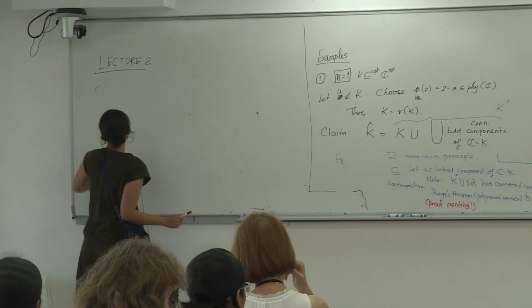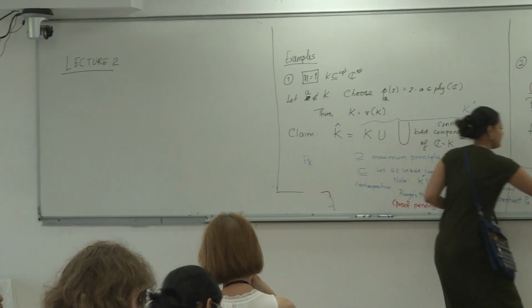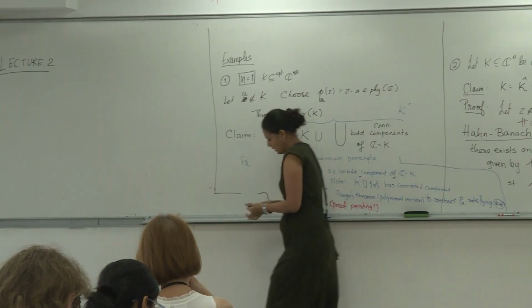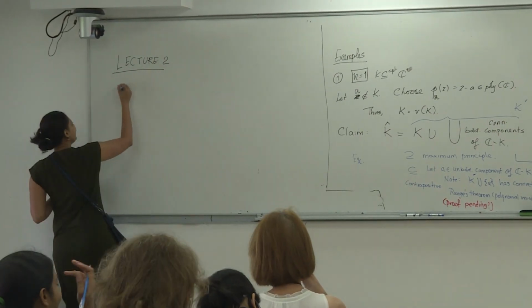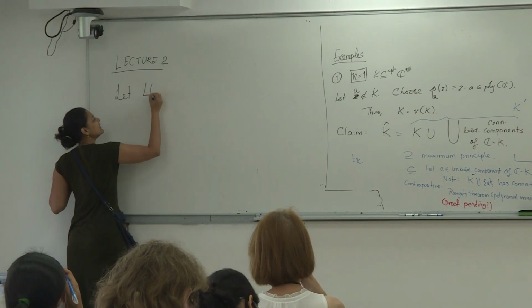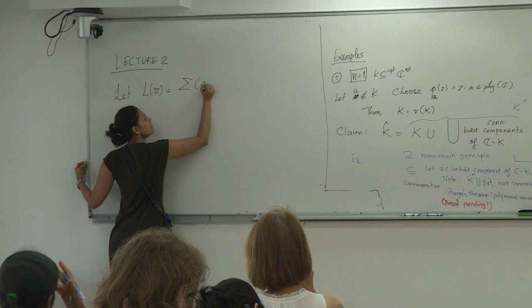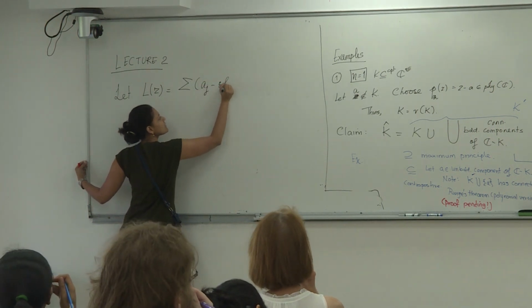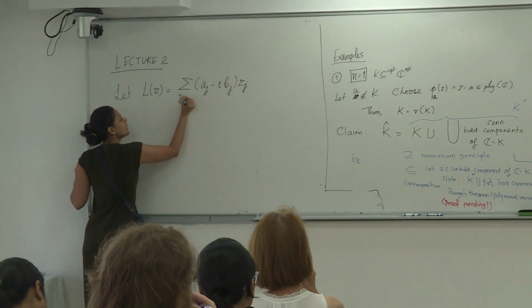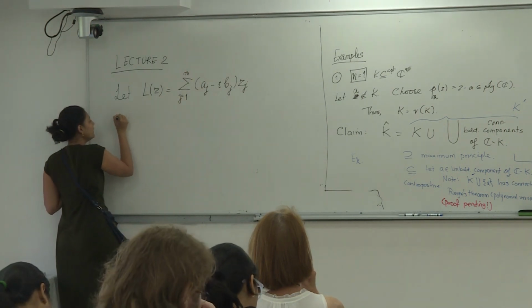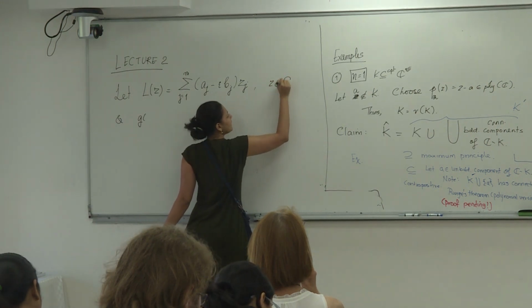So how are we going to do that? Okay, and so for that I'm going to cook up, let capital L(Z) be the summation of (aj minus i bj) zj, j going from 1 to n, and while I've written this, it is defined for all Z in Cn.